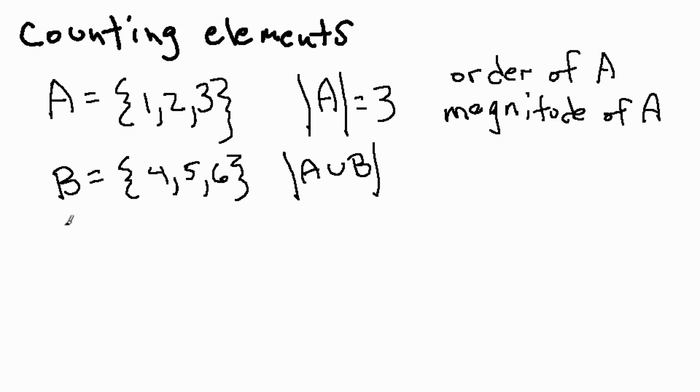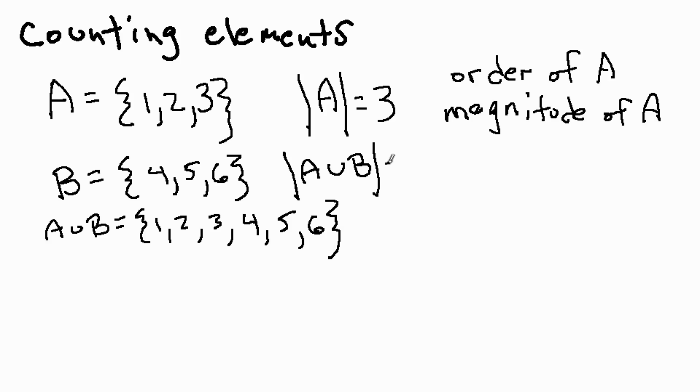Well, we can see in this situation A union B has 6 elements in there. So this is equal to 6, which happens to be equal to the magnitude of A plus the magnitude of B.